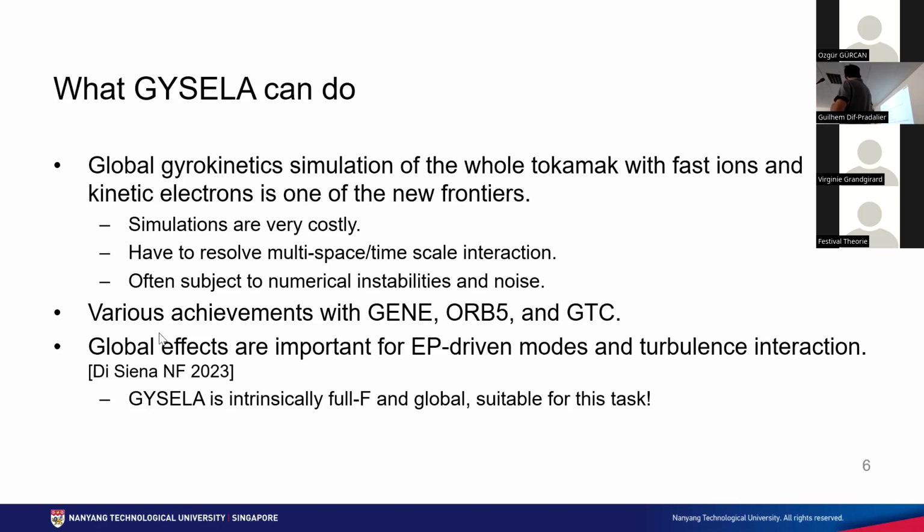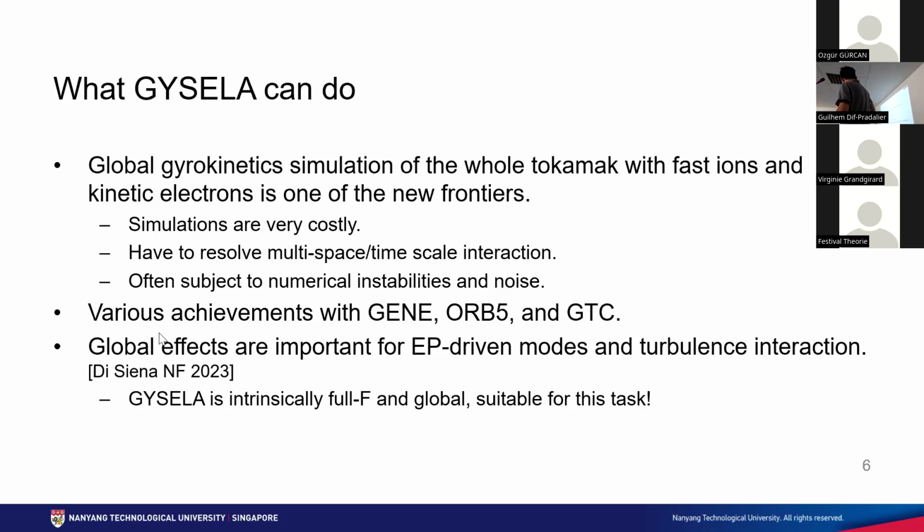Also, I have to say that there are many already published results by the GENE team, by the ORB5 team, and the GTC team. So we are kind of new in this business. But our benefit is that Gisela is intrinsically full-f and global, and it has been recently discussed that a global code is needed to solve this problem.